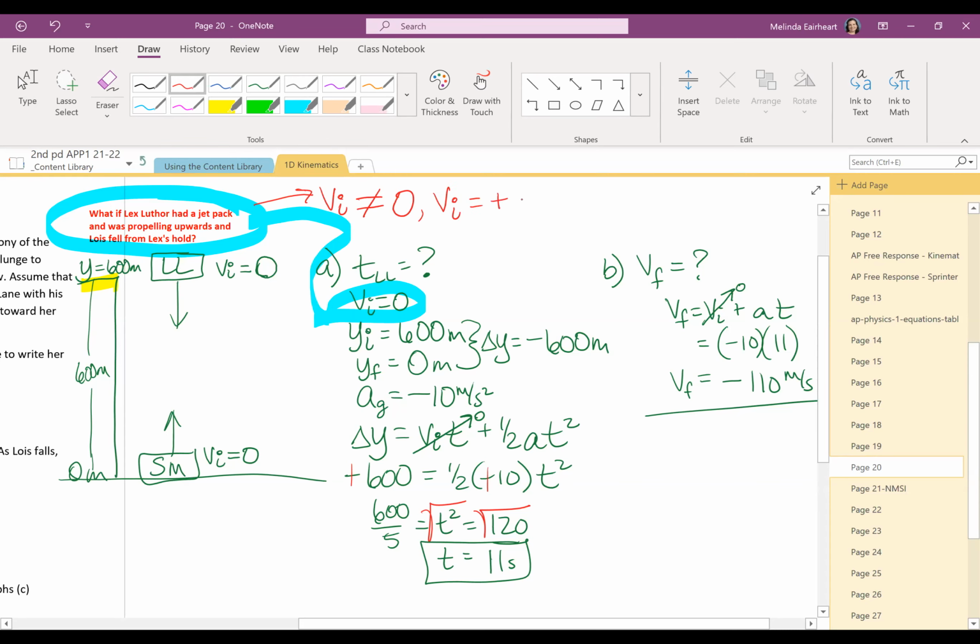A positive something, right? I didn't give a number, I didn't want to get too much into it. But it would equal something, positive 25, positive, whenever he let go, that velocity that they were going would now be her initial velocity, right?